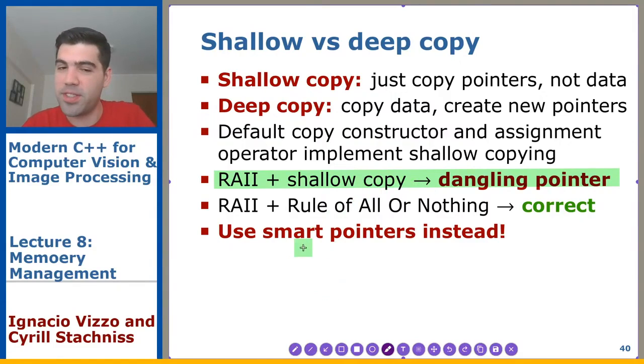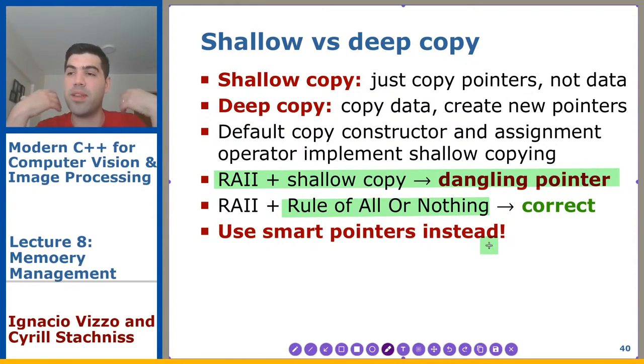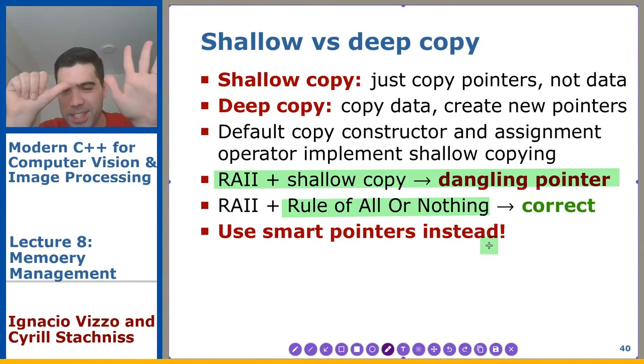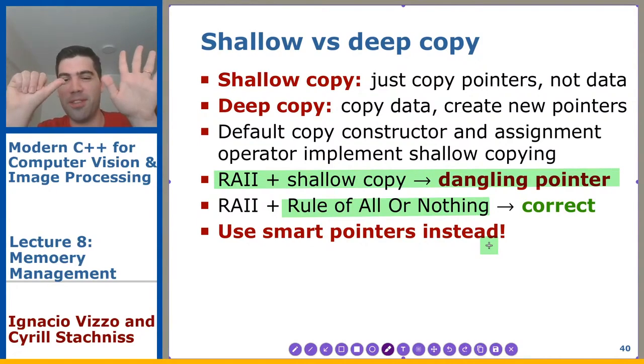How to fix this is using the rule of all or nothing. Remember, if you define a custom constructor, then you need to define the six special functions: the copy assignment operator, the copy constructor, the move assignment operator, the move constructor, the destructor, and the constructor. So there are six special functions.